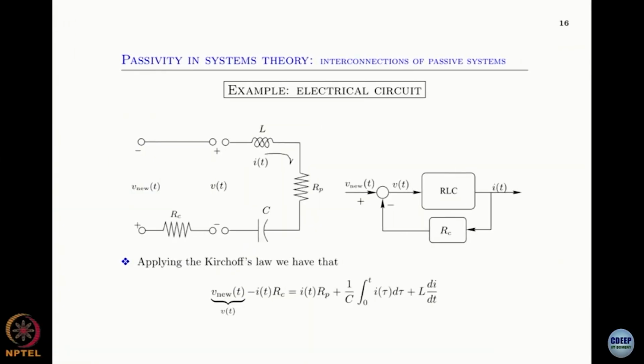All that we did here was add a resistor. So what will happen with Kirchhoff's law is that there will be this new term appearing, the voltage in the new resistor that I added, and it will just go to the other side and add up to R_P.